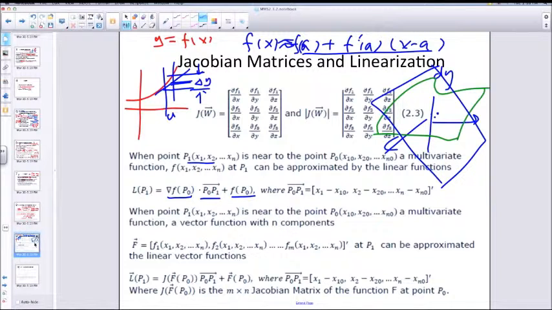So that's the linearization. But we are talking about a function like this. You have n variables. Each point has n components. But you also have m components. Now, I'll give you an example. If I want to look at the gravitation field at any point in space, you understand that gravitation has direction: downward, eastward, upward.